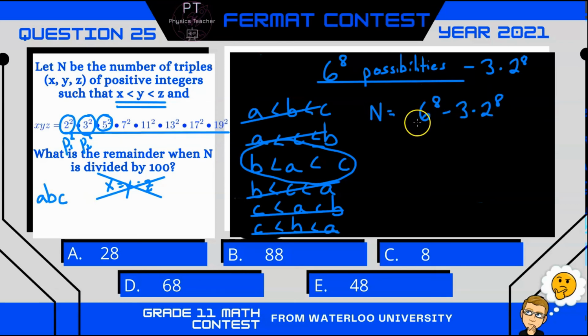And then we're going to divide that by 6 to make sure we only look at the one that is in increasing order. And so when we calculate that, we get a total of 279,808 possibilities. And when we divide that by 100, we get a remainder of 8. So our answer is C.